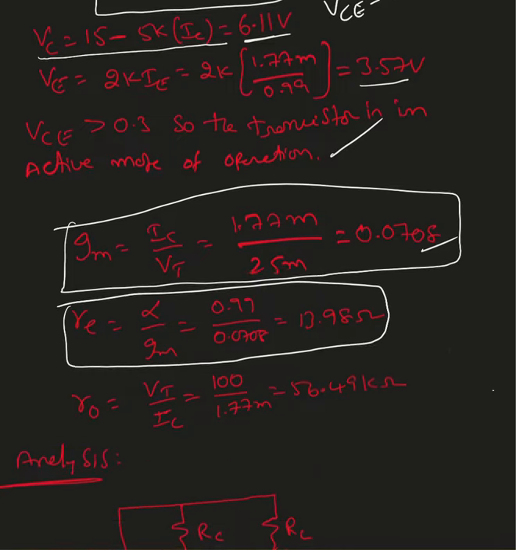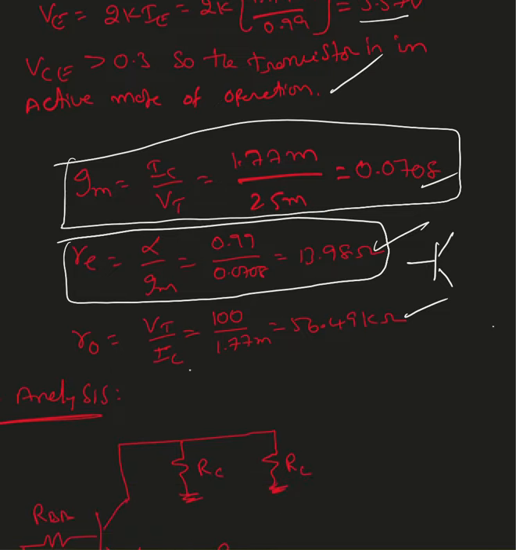R0 is the output resistance of the transistor. Here RE is the input resistance looking into the emitter of the transistor, not the whole circuit. So the resistance connected to the E, that's RE. R0 is connected always between emitter and collector. We'll use this when neither of them is grounded, or ignore it when either of them is grounded.